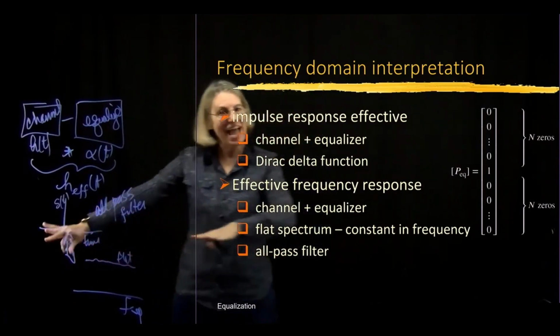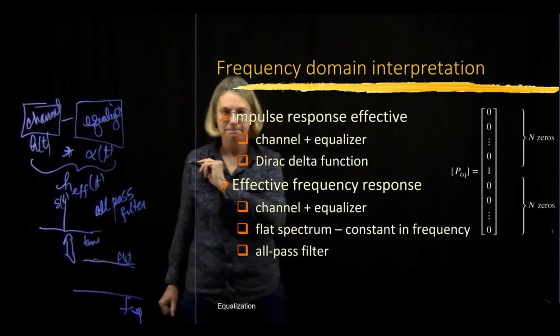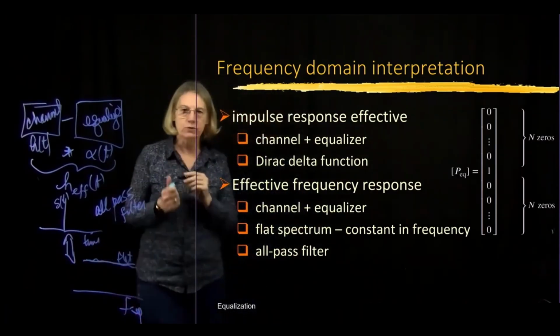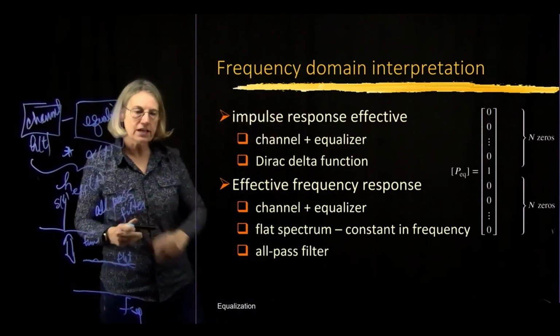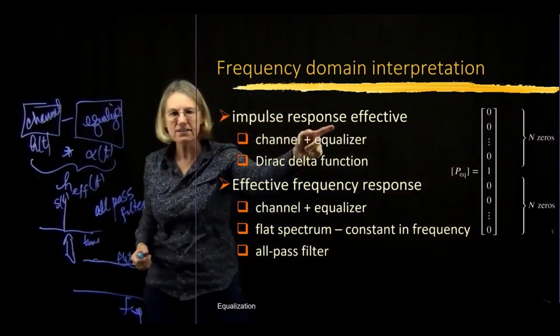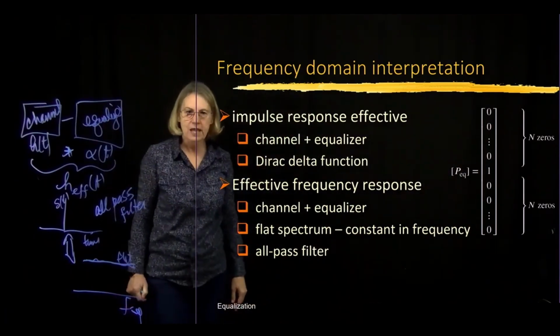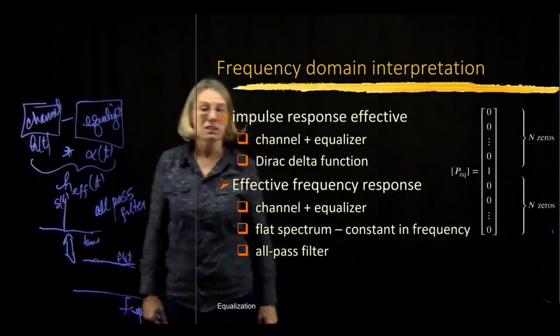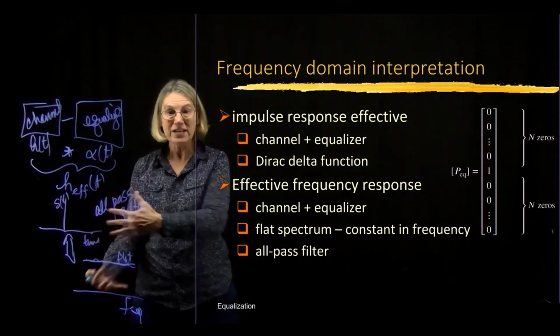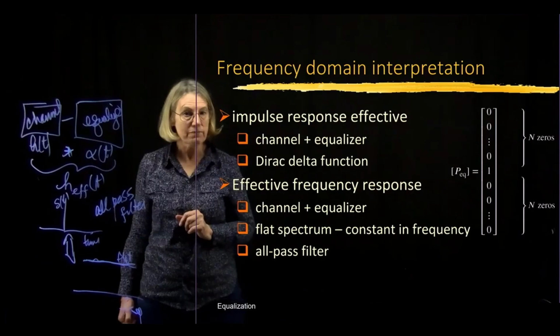It doesn't affect any of the frequencies. It's completely flat for all frequencies. So that's what I'm trying to accomplish here. What I wrote in equation form here was that I want the effective impulse response to be a Dirac delta function. And what that means, just by taking the Fourier transform relationship, is that I want the result to be a flat spectrum.